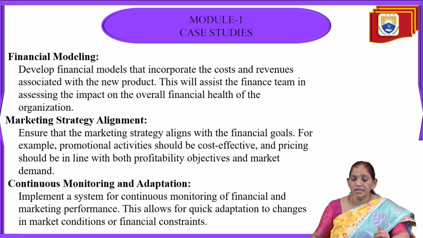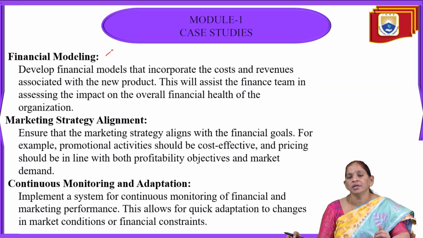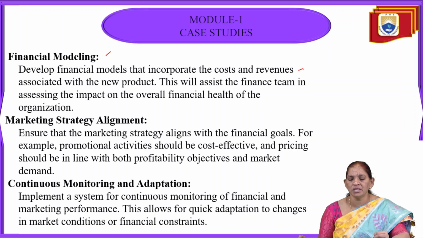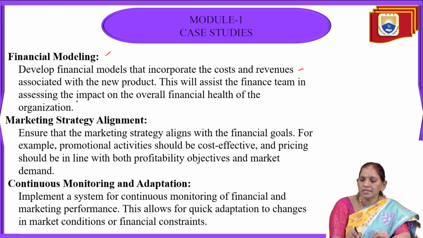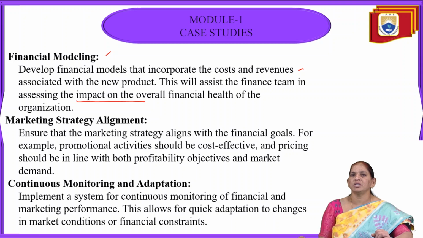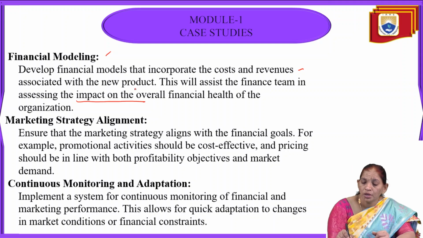So we see these principles one by one. The first one is financial modeling, which helps us to incorporate the cost and revenues associated with the new product. This financial modeling will act as an assistant for the financial team in assessing the impact and overall financial health of the organization. It will provide us analysis relating to the incorporated cost and also the revenues associated with the new product.